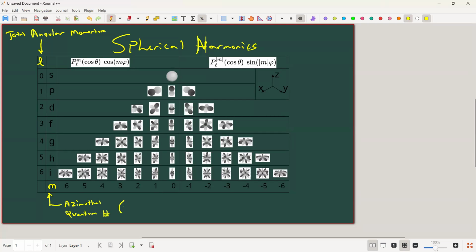This has something to do with the z-axis, as we'll see. L can vary between 0, 1, 2, 3, just like always. They're quantized: 0, 1, 2, 3, 4, 5, 6. So each of these rows are the stable orbits of our system.